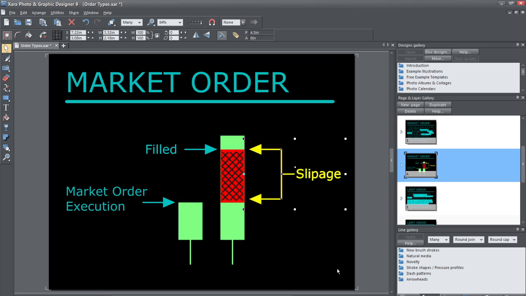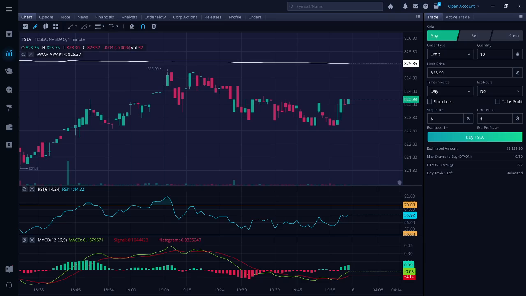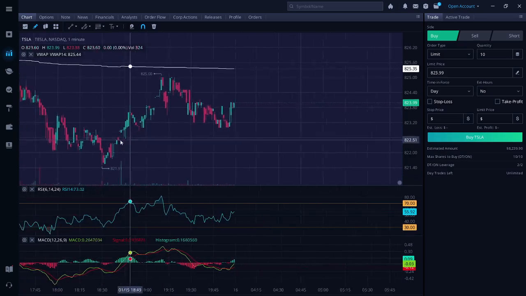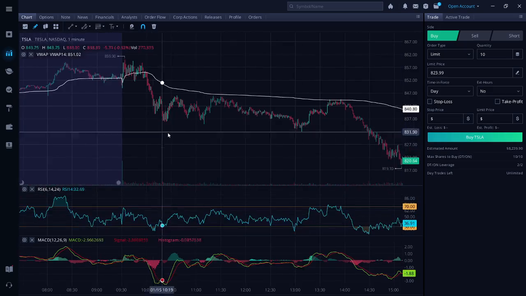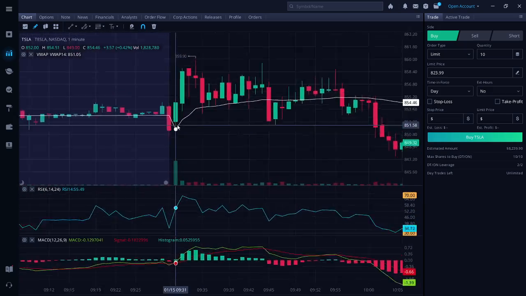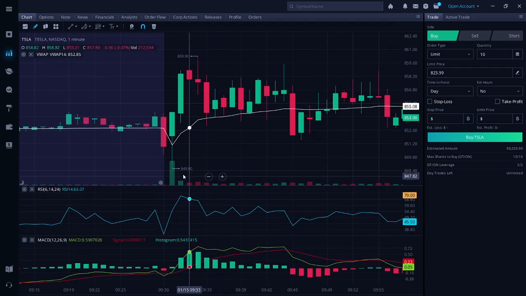So that's the danger of doing a market order, and if you decide to do that during the opening bell, that could be suicide at some points. Because if you look here on the 1 minute when the opening bell occurs, Tesla can swing from $849 to $859 in less than 4 to 5 minutes.